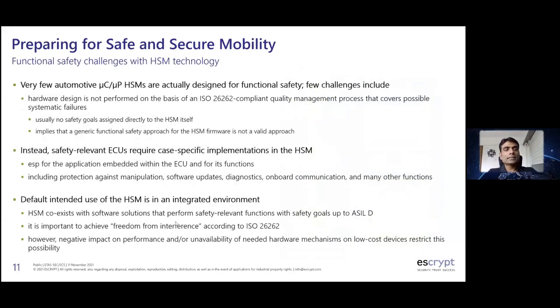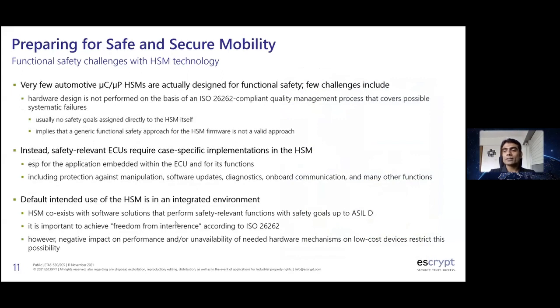But it has its own challenges in implementation, because there is actually direct conflict with safety to a great extent. Most of the HSMs that we are aware of until the last couple of years are not designed with functional safety in consideration. A lot of times ISO 26262 based compliant quality management is not followed.